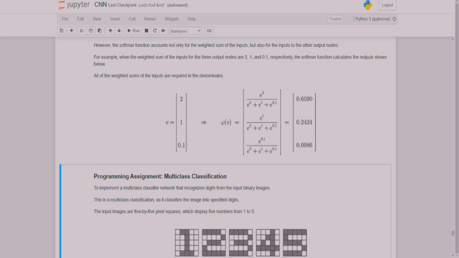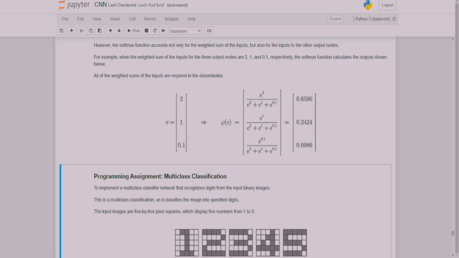But I am considering only the max of them. Only the max will be given as 1, and all the others will be given 0, however many neurons there are. So this is 1, this is 0, this is 0. That's what I want. Okay, I got it. I hope that is clear. So that's what is going to happen.